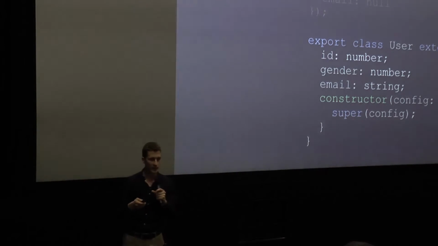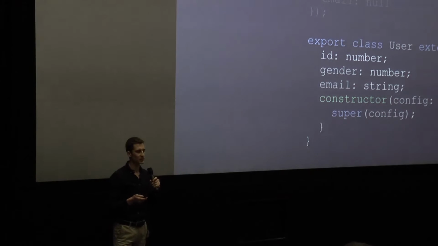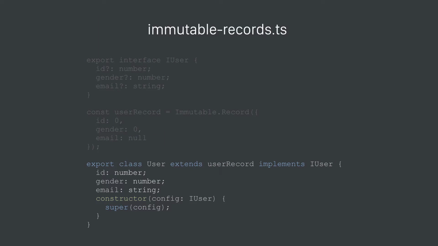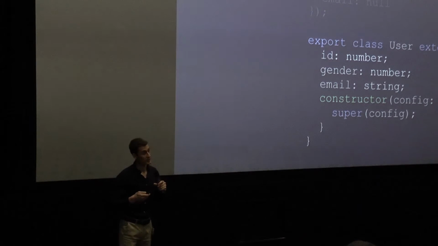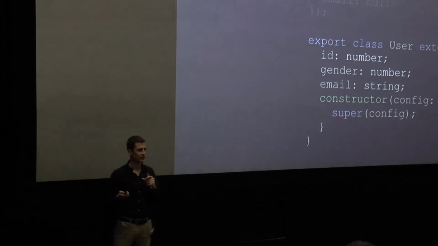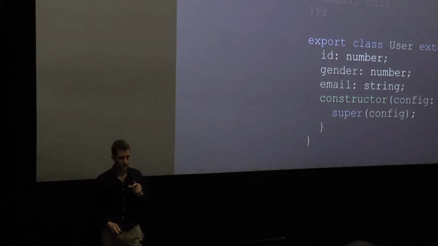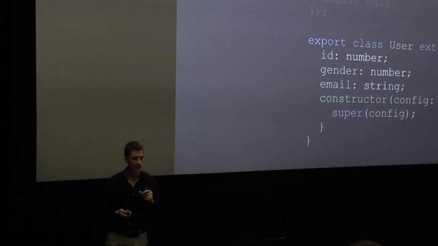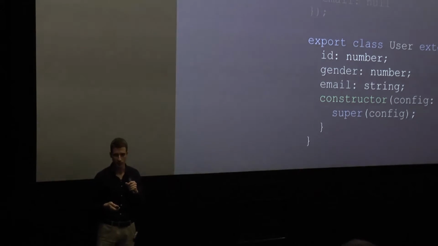And by using the record, we are making these fields immutable, since the record is going to return a constructor function. And when we create instances of this constructor function, the setters of these instances are not going to be enabled. So this is how we have immutability and static typing at once in this sample architecture.